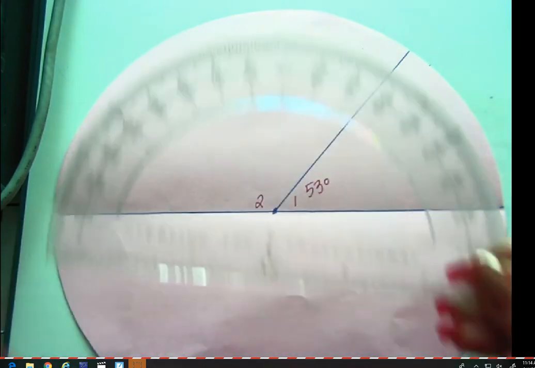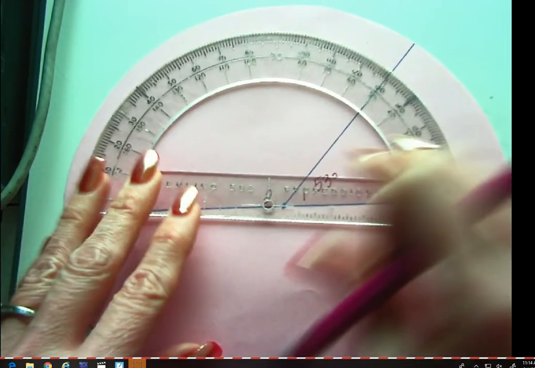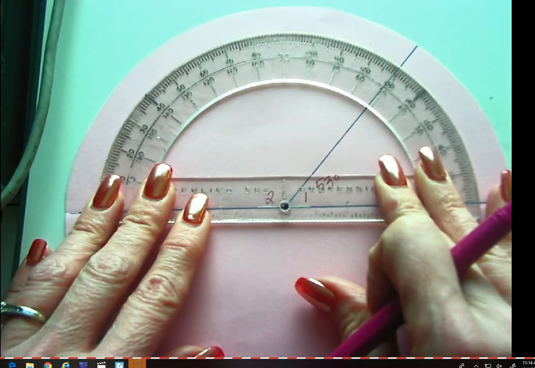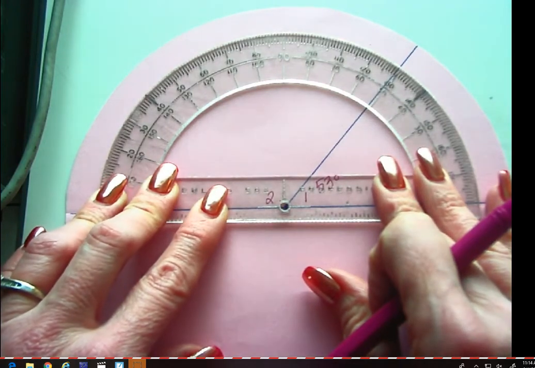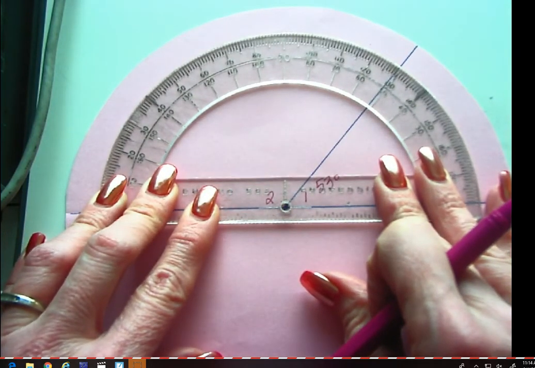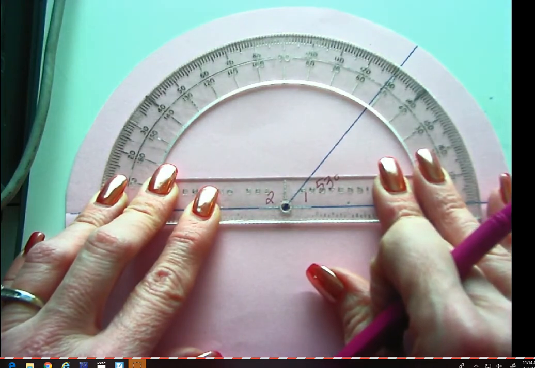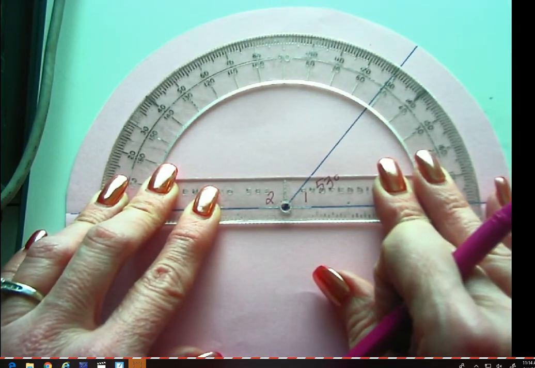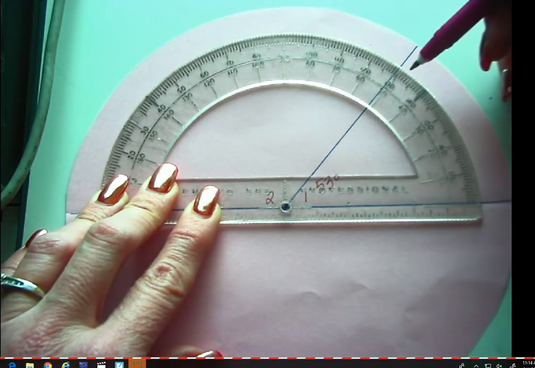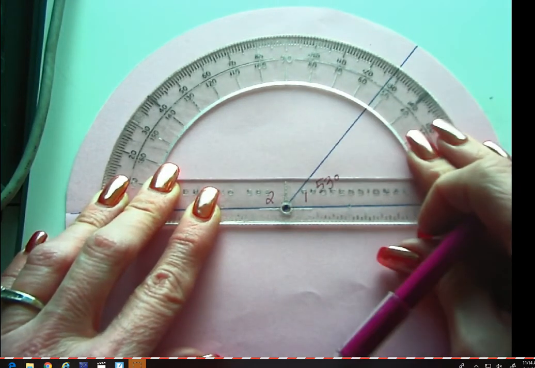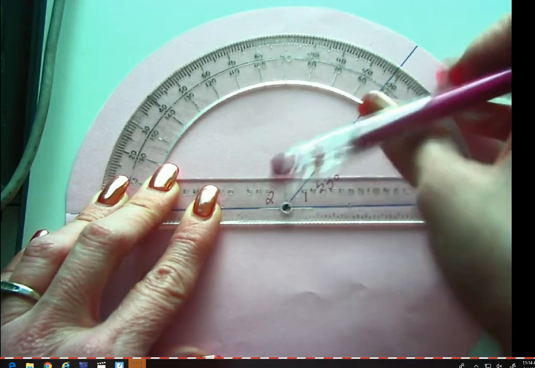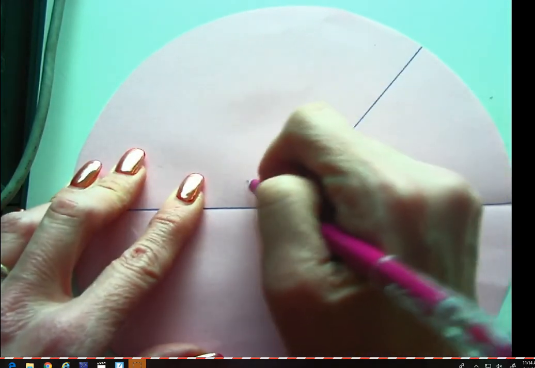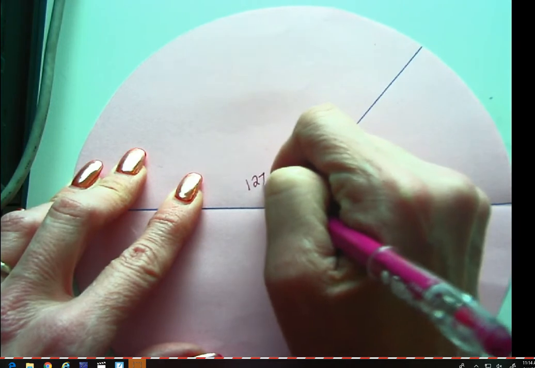And I'm going to measure angle 2 as well with my protractor. And I'm going to see that if that is 53, this would be about 127 degrees.